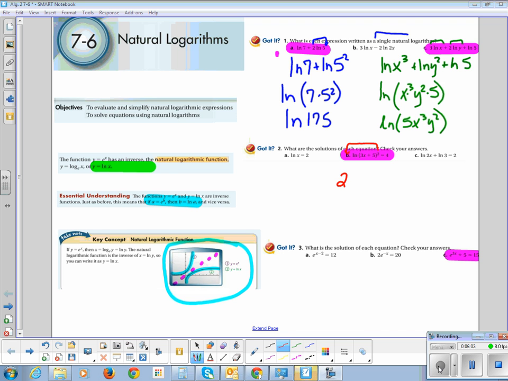So that's going to be 2 ln of 3x plus 5 equals 4. I'm going to divide both sides by 2, just for fun. So now I have ln of 3x plus 5 equals 2.